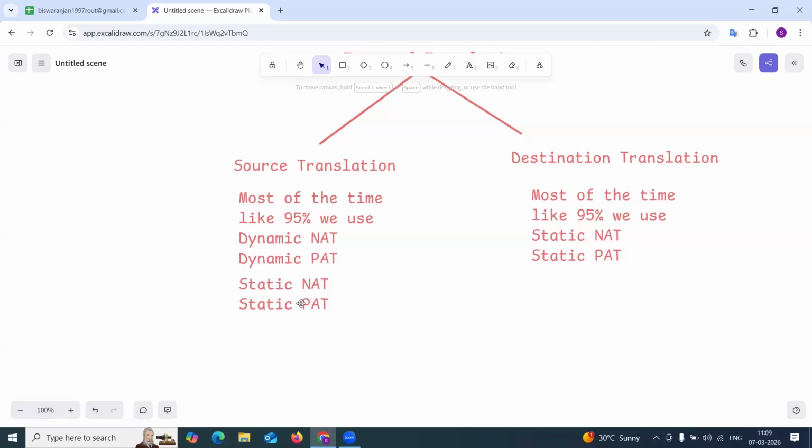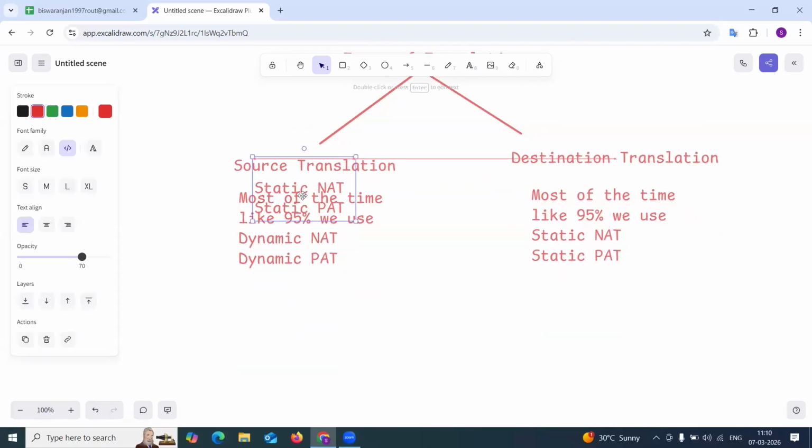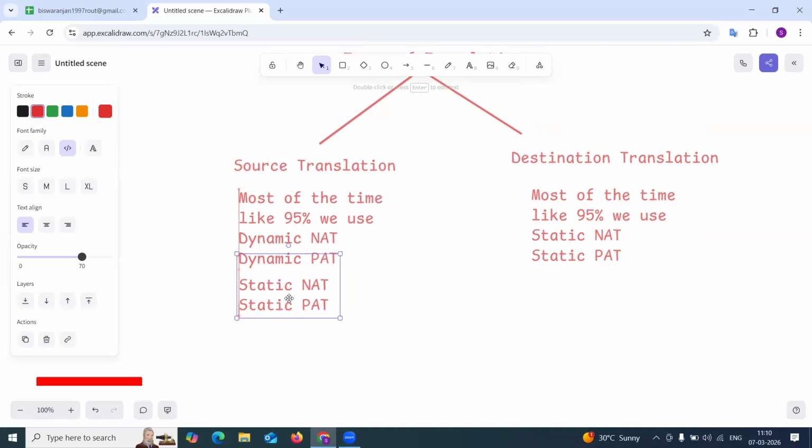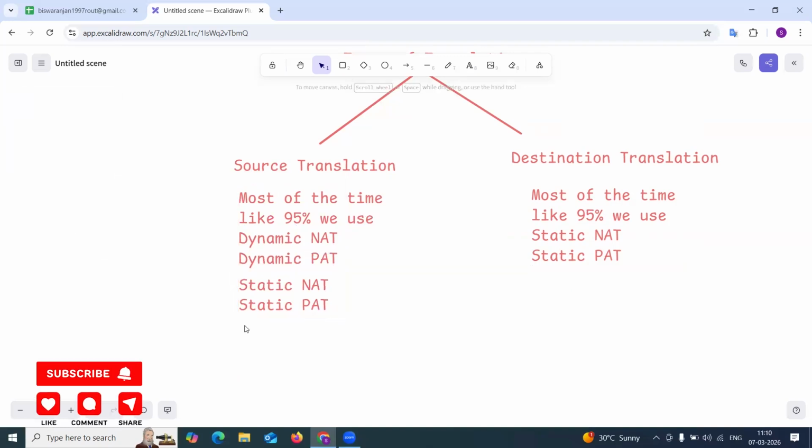We use static NAT and PAT mostly in a destination condition. If someone asks you, can't I use the static NAT and PAT in a source, you say yes, you can use it, but not all the time. Conditions are there. So you can't deny saying that static can't be used for a source. It can be used.